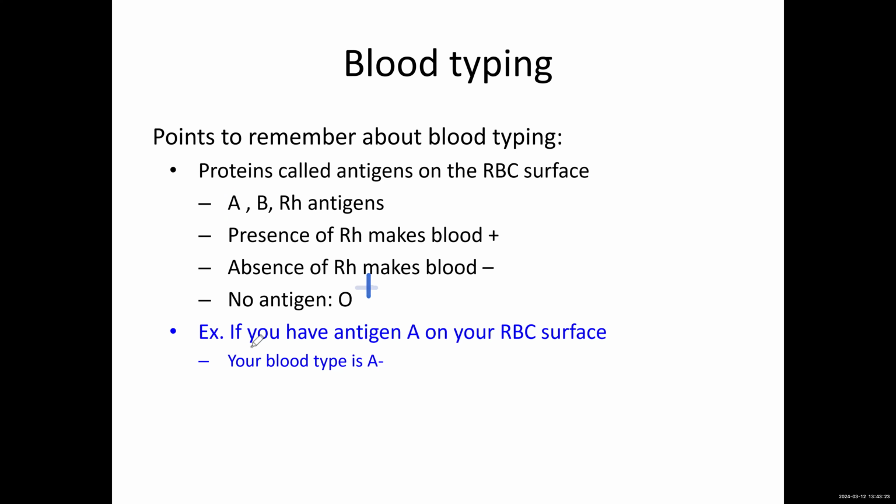So for example, if you have only antigen A on the surface of RBCs, and no Rh, then you are A negative. Because what antigens you have, that's your blood type.